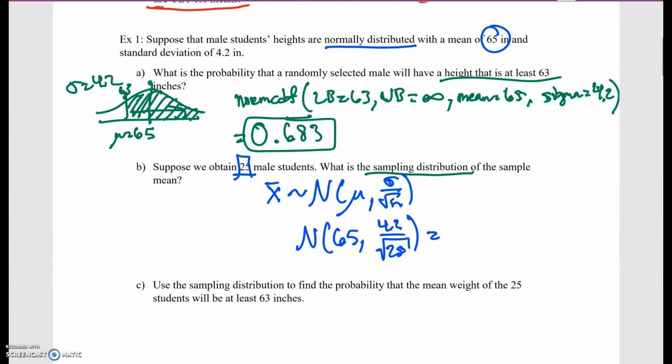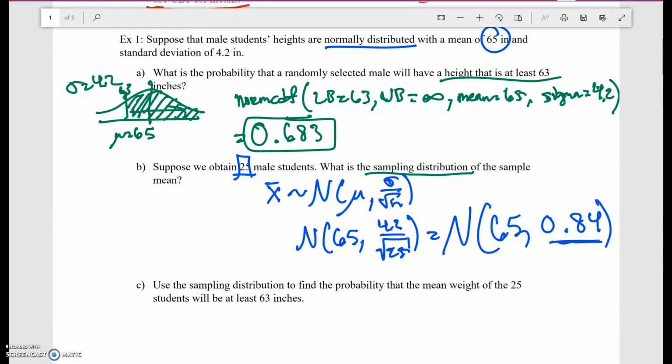All we got to do is put this in the calculator. So it's 4.2 divided by the square root of 25, and what I'm going to get is 0.84. So there's my mean, which is still 65, and my new sigma is going to be 0.84.